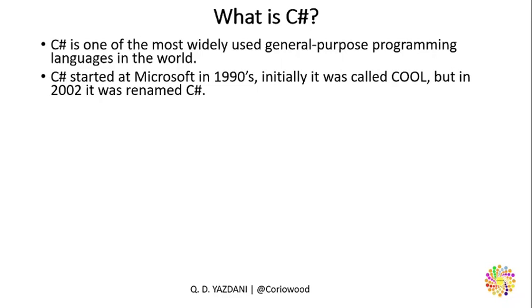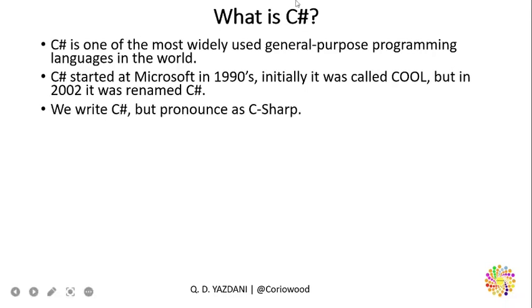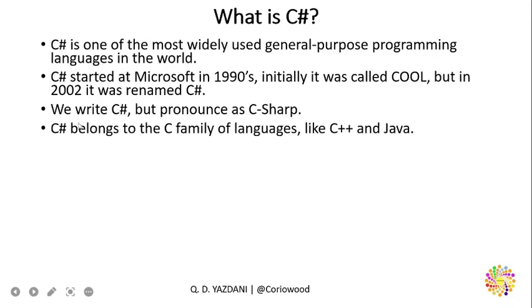It provides various integrated development environments, or IDEs, to run C Sharp programs smoothly. As I said before, we write it as C hash but pronounce it as C Sharp.